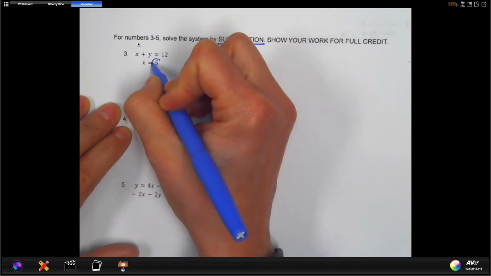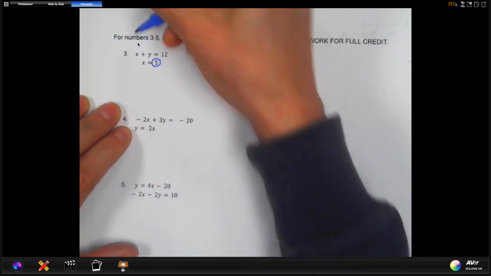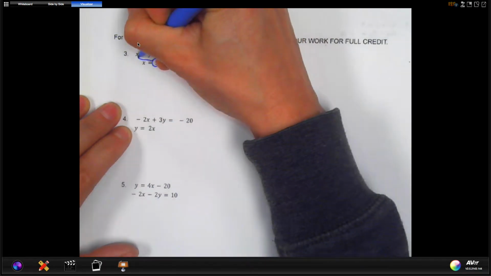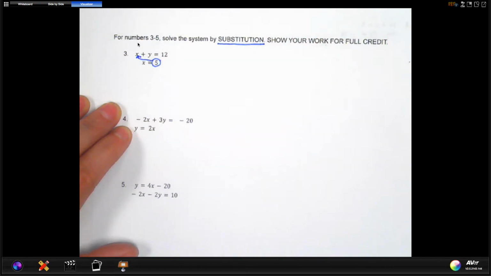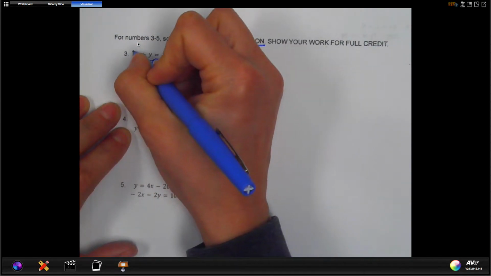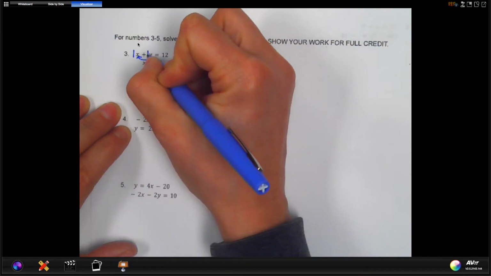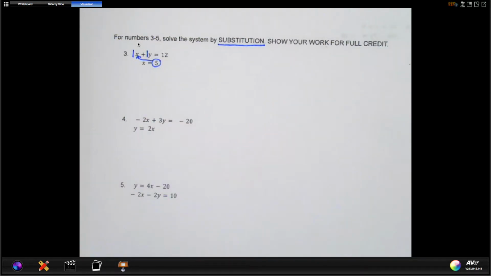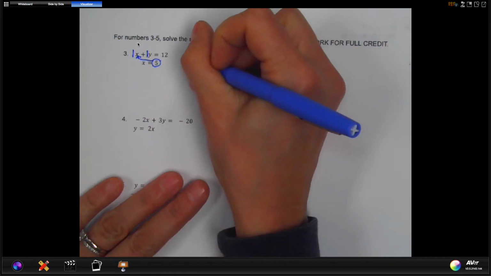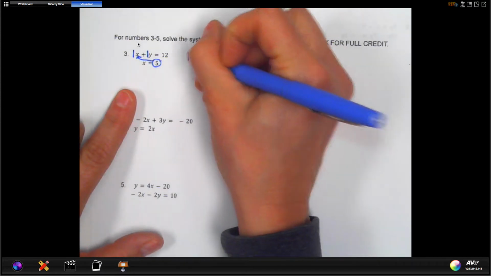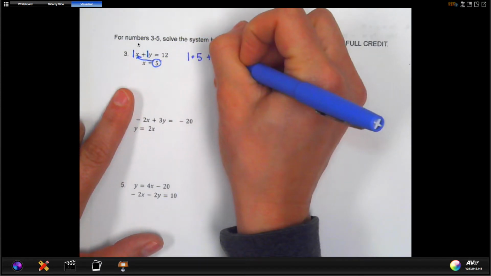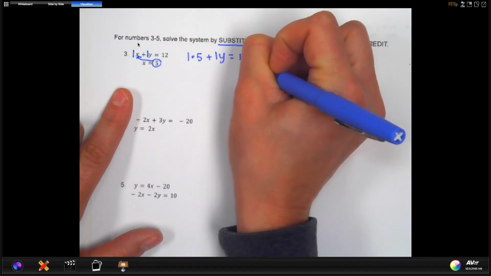So we're going to take that 5 and substitute it in for the x here. Now remember, it might help you to know that there's a 1 in front of this x and a 1 in front of this y before you rewrite it. So what we really have here is 1 times 5 plus 1y equal 12.